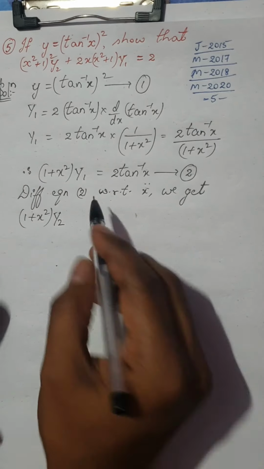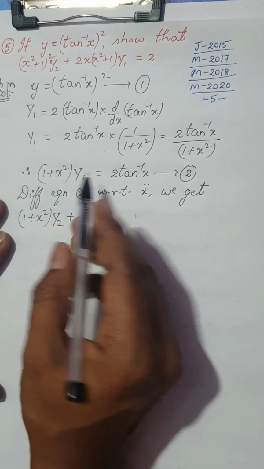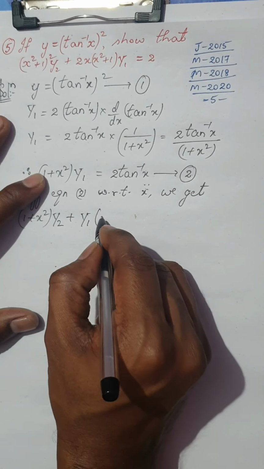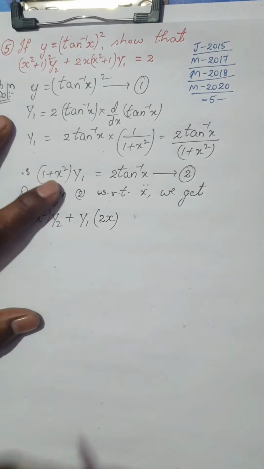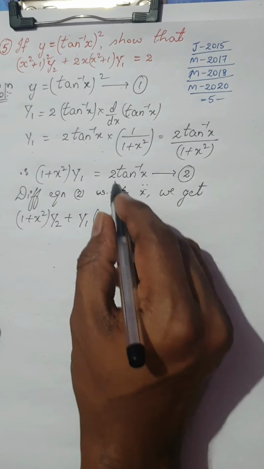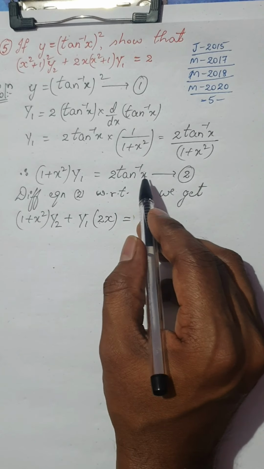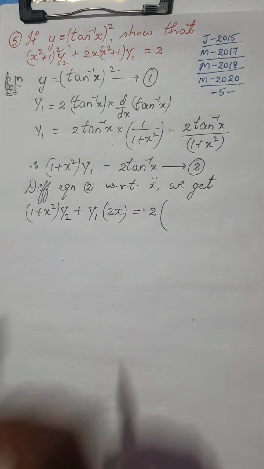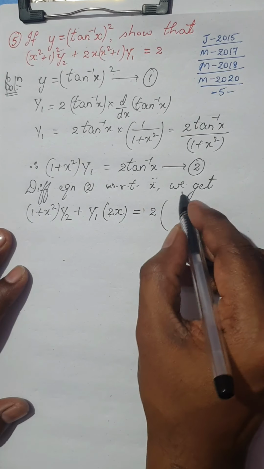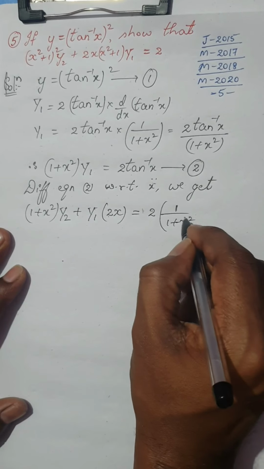Is it clear? Plus, now keep the first derivative aside. The derivative of 1 plus x square is, 1 is a constant, so it is 0, and the derivative of x square would be 2x. Now 2 is a constant, keep it aside. What is the derivative of tan inverse of x? The derivative of tan inverse of x would be 1 divided by 1 plus x square, isn't it?